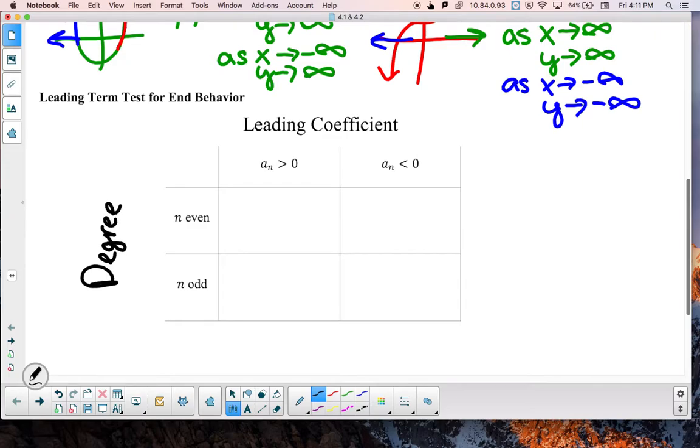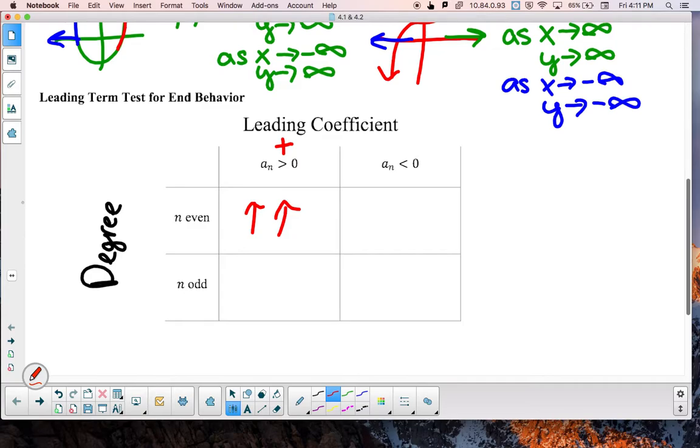So we look at the positive or negative sign of our leading coefficient and also our degree. If our leading coefficient is positive and our degree is even, this means that we're going to be going up, up is our end behavior.